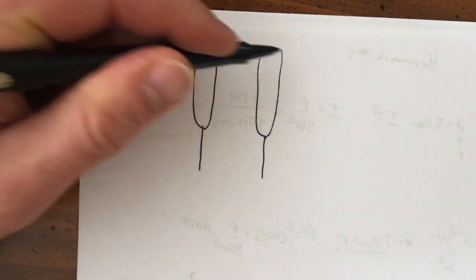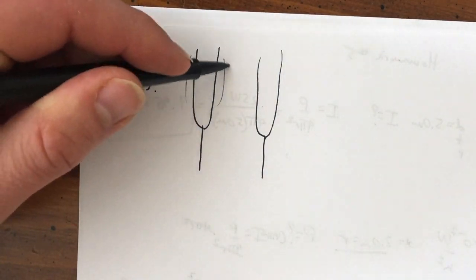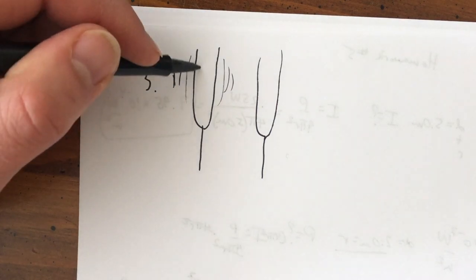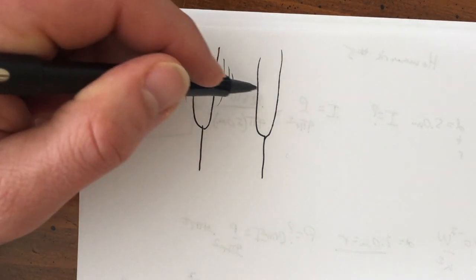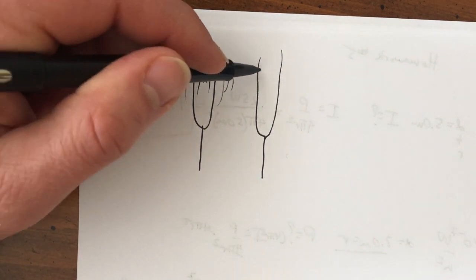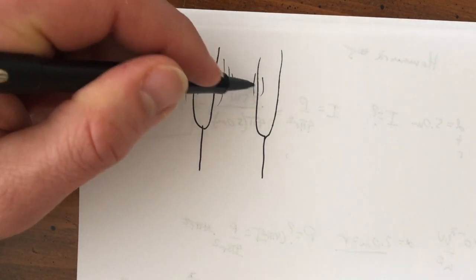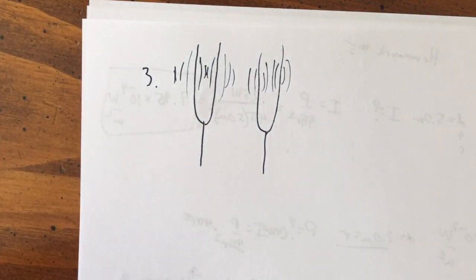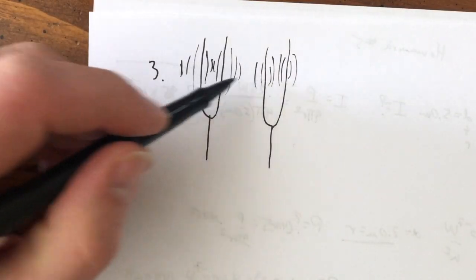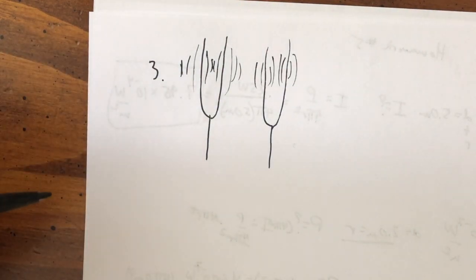So here, if you strike this one and it vibrates in and out, it will cause this one to vibrate in and out as well, because it will resonate. It'll be driven or pushed by those sound waves because it's hitting it right at that exact natural frequency.